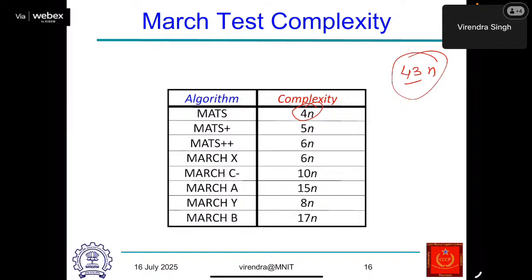You can compute how much time it will take to apply those many operations, because you know the frequency of operation of the memory, and you know how large the memory is.